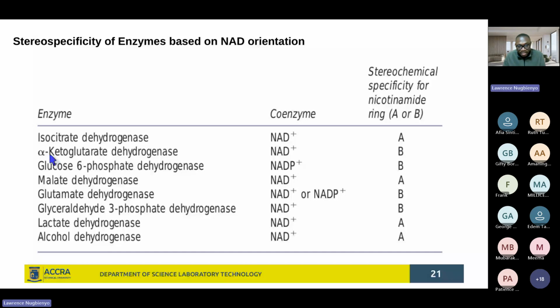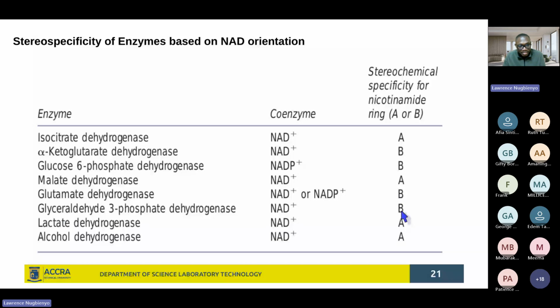Whilst you have alpha ketoglutarate dehydrogenase taking it from the backside, as well as glucose 6-phosphate dehydrogenase also taking it from the backside. Malate dehydrogenase will take the hydride ion from the front side, the A side. Glutamate dehydrogenase from the backside. Glyceraldehyde 3-phosphate dehydrogenase takes it from the backside.